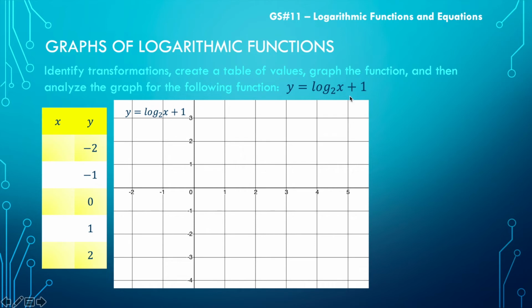Okay, so what is that plus 1 doing to that log base 2 of x? Well, based on your knowledge of transformations, that plus 1 is shifting that graph up 1 unit. Okay, so this is what we should be expecting when we graph this function. Let's go ahead and then rewrite this in exponential form.